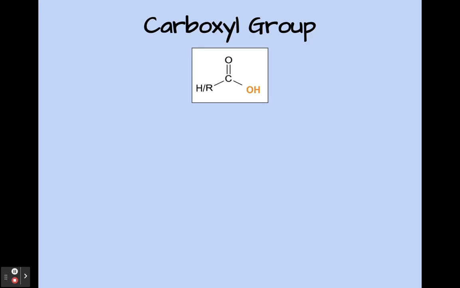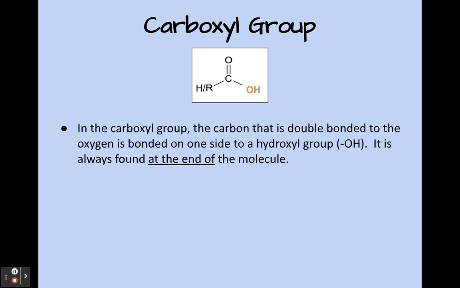The next group is the carboxyl group. This one has a hydroxyl group. So we've got a carbonyl group and a hydroxyl group, which come together to make a carboxyl group. In this case, the carbon that's double bonded to the oxygen is bonded on one side to a hydroxyl group.